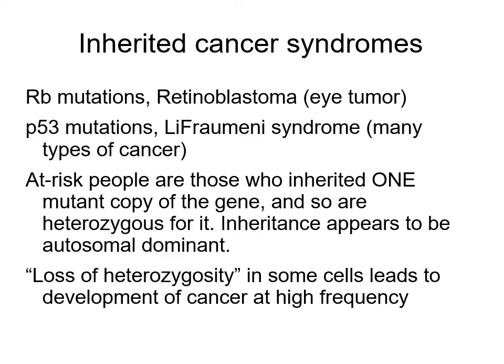So even though they're born heterozygous for the wild type and mutant alleles, they still inherit the propensity to get cancer, appearing as an autosomal dominant. It turns out that a phenomenon known as loss of heterozygosity is what leads to the development of cancer.